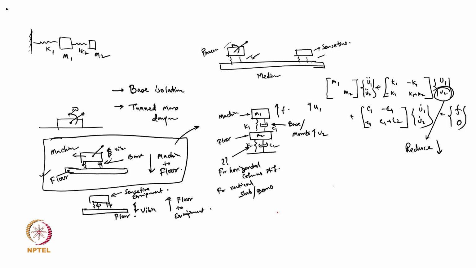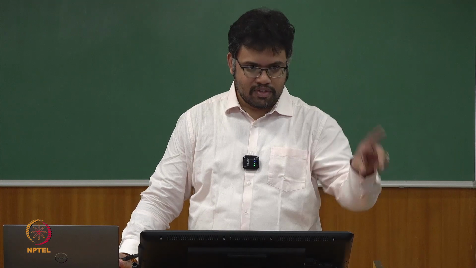Frequency, exactly. Forcing frequency. We are controlling the forcing frequency, because revolution is happening. So that is directly proportional to the frequency. If it is high speed, that means high frequency. Low speed, low frequency. It's very clearly correlated.